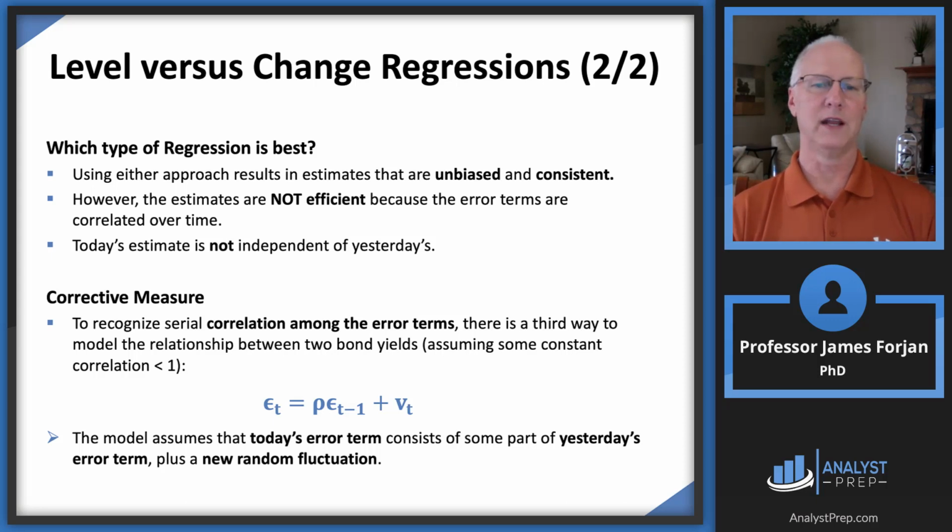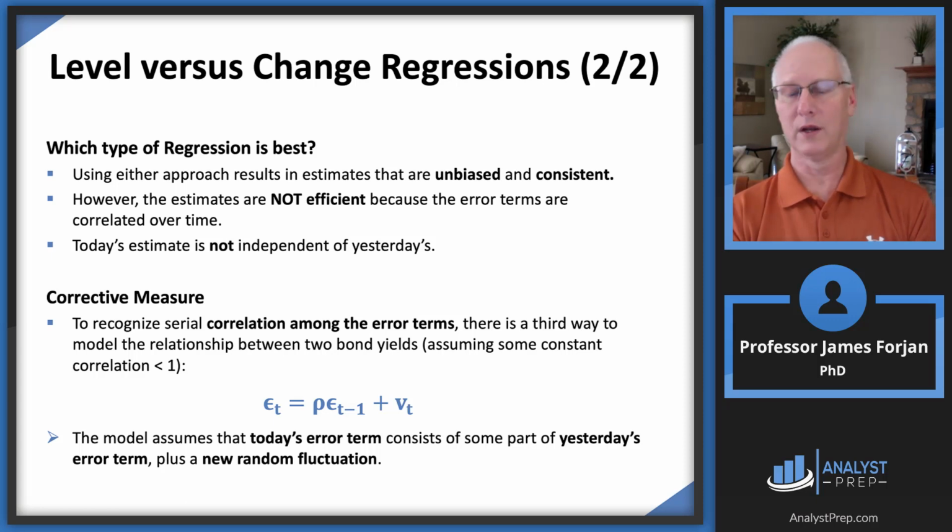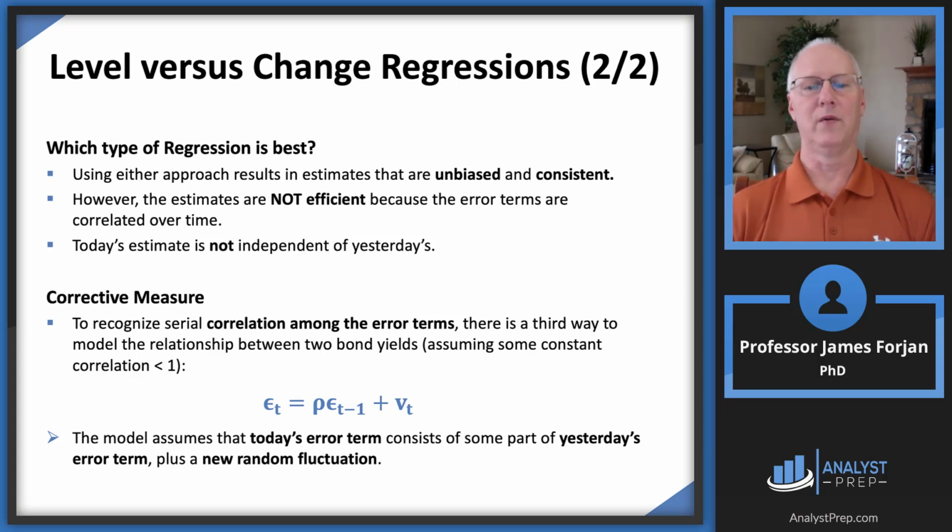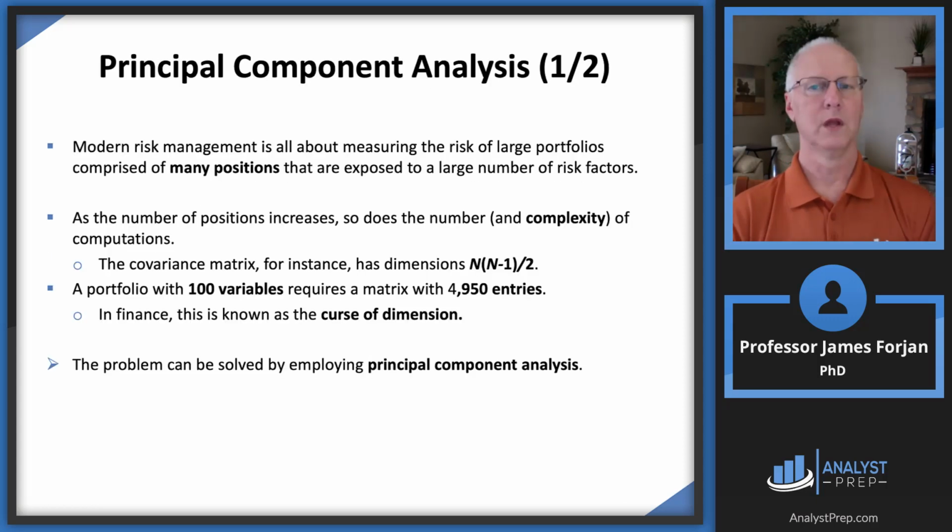So really, today's estimate is not independent of yesterday's. So we're going to have this serial correlation among the error terms. So we'll have to correct for it. And so we can use that model down there where we use the error terms in its own regression equation. So the learning objective doesn't ask you to do this method, but it asks you to probably understand it.